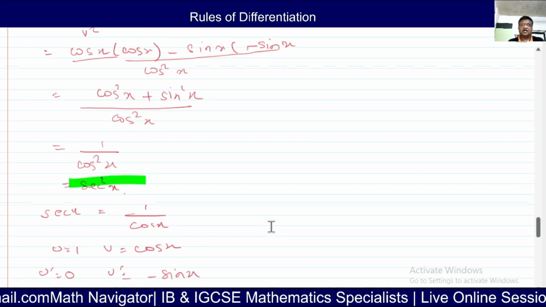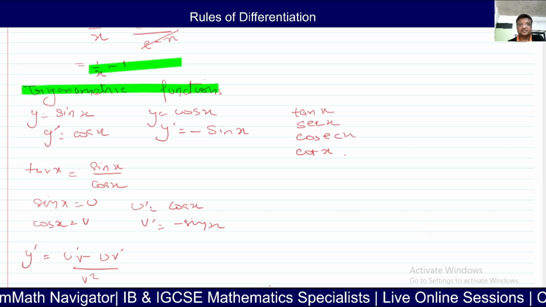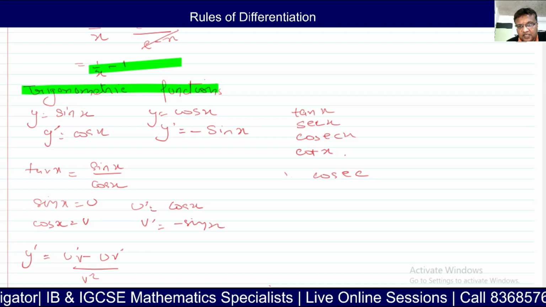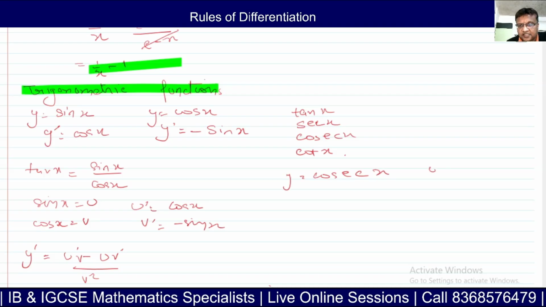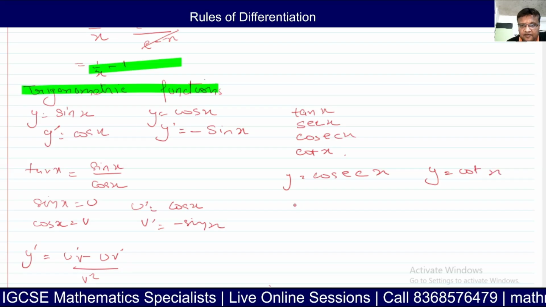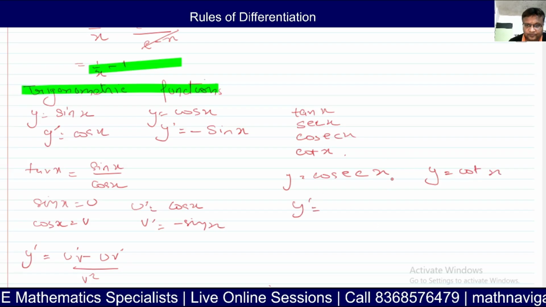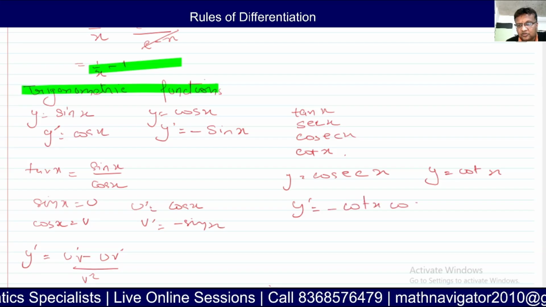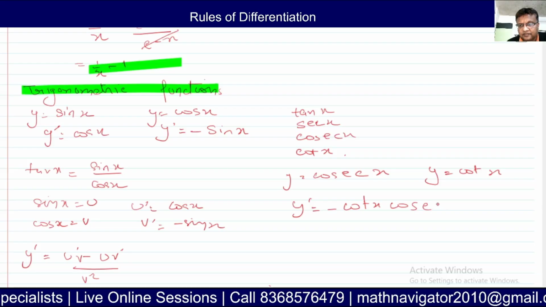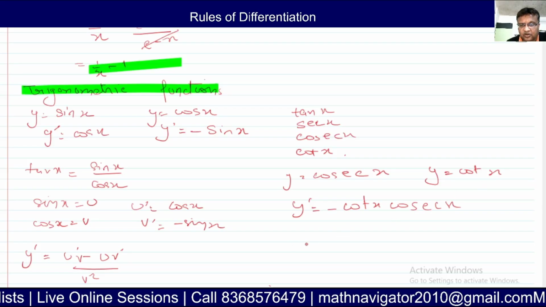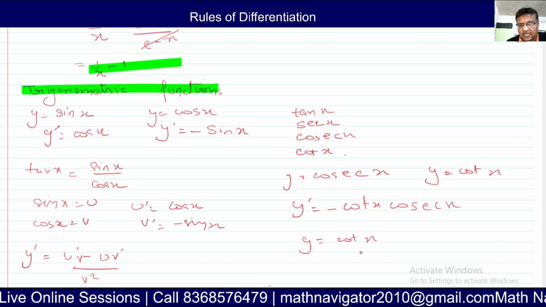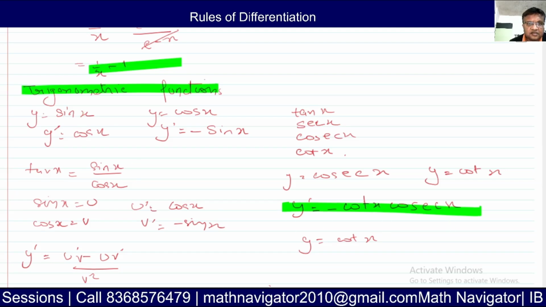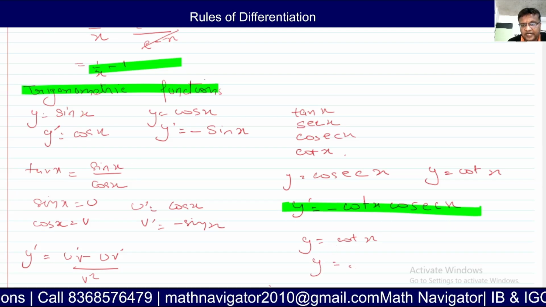Now I have done it for tan x and sec x. Same way you can do it for cosec x and cot x. The answer will be, for y equal to cosec x, the derivative is minus cot x cosec x, and for y equal to cot x, the answer will be minus cosec squared x.